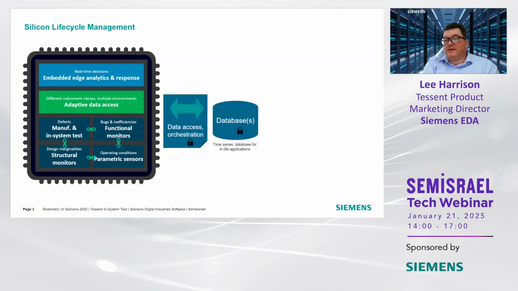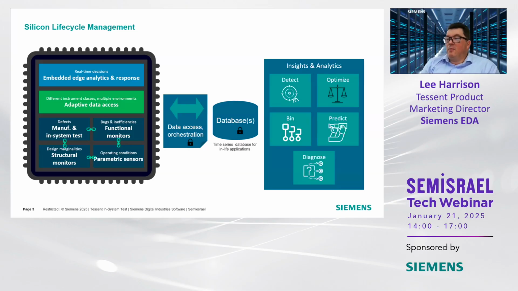And then taking that information and data that we collect during the monitoring and testing, and bringing that out to the outside world, whether that's processing that data at the edge of the silicon or bringing that off chip to a cloud-based environment, where we can do deeper analysis, optimization, and looking at being able to predict the future in terms of what's happening with the silicon.